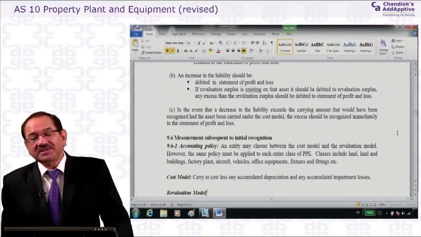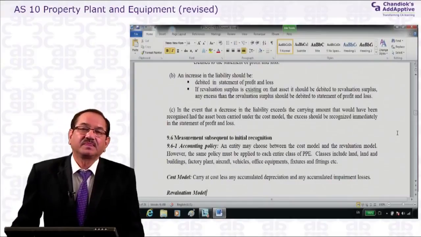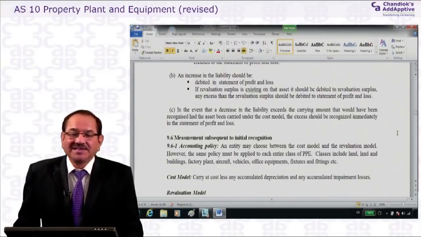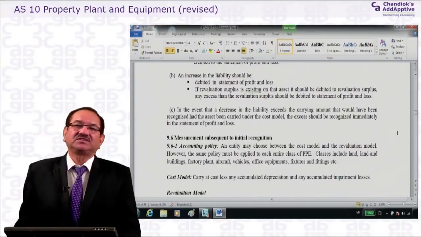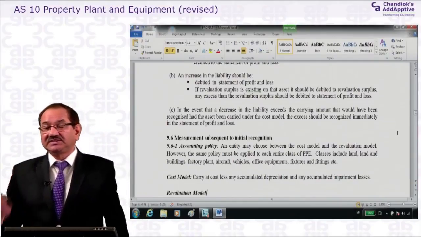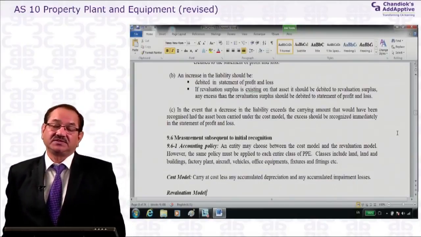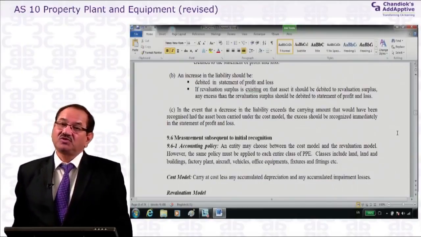You purchase a plant and machinery on 1st April 2016. You incurred an expenditure of 2 crores in December 2016 and you thought that it's a capital expenditure because there is an incremental benefit by incurring these 2 crores of expenditure. Then you said 22 crores is the cost.